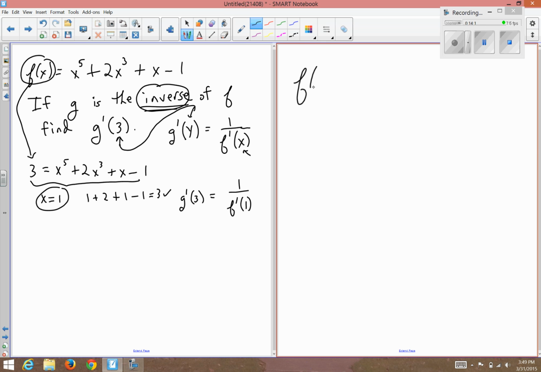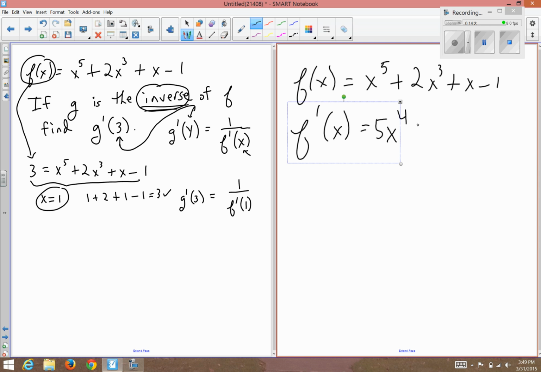So if f of x is x to the fifth plus 2x to the third plus x minus 1, the derivative f prime of x is 5x to the fourth plus 6x to the second plus 1 minus 0.